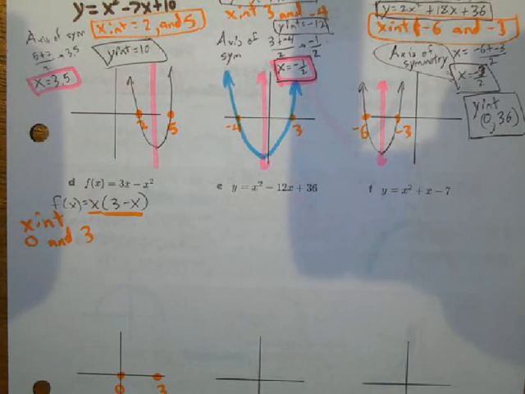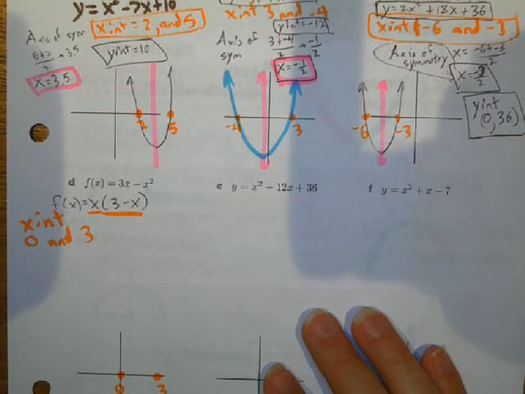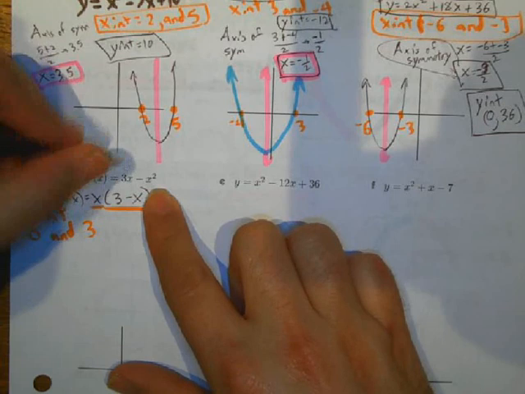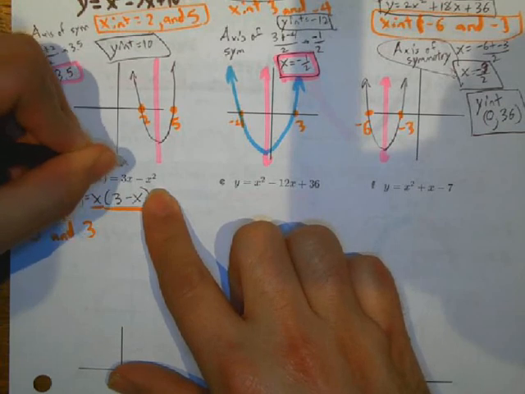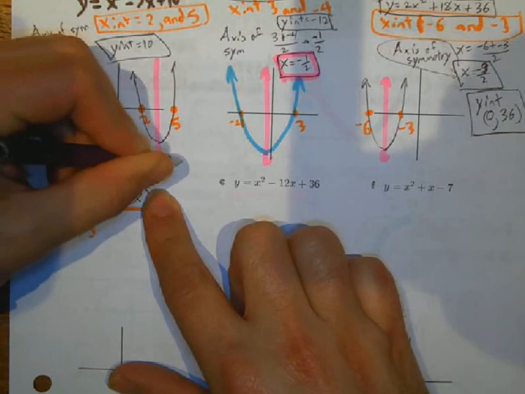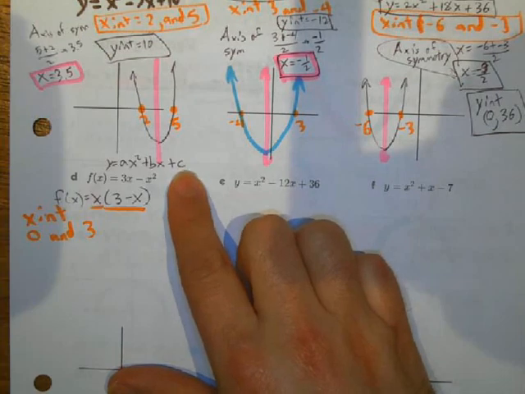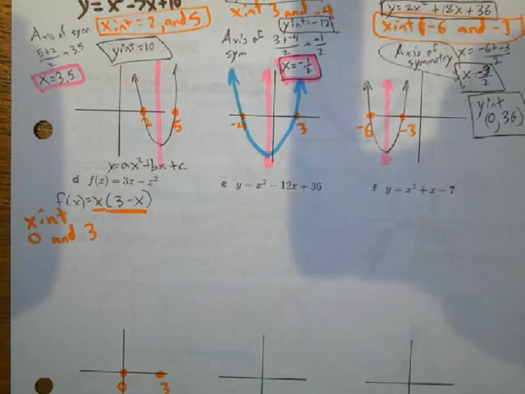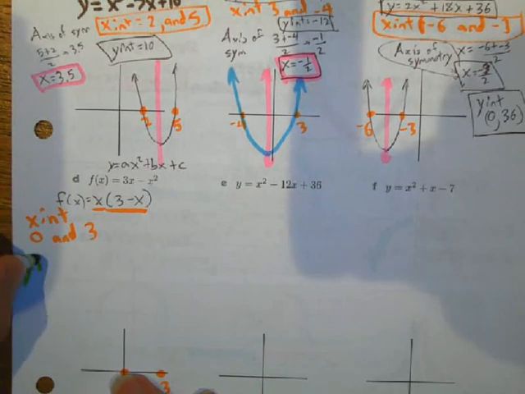The y-intercept, in this form, if we have y equals ax squared plus bx plus c, would be the c value. There is no c value, so the y-intercept is 0, 0.